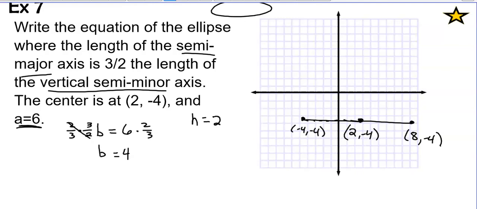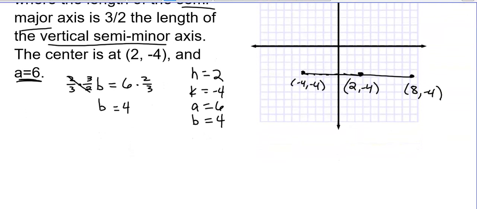So let me go ahead and write down our information again. h is 2, k is -4, a is 6, b is 4, and c, I don't even think we really care about c in this case. I don't think we even need to find it. So we can just go ahead and write our equation.